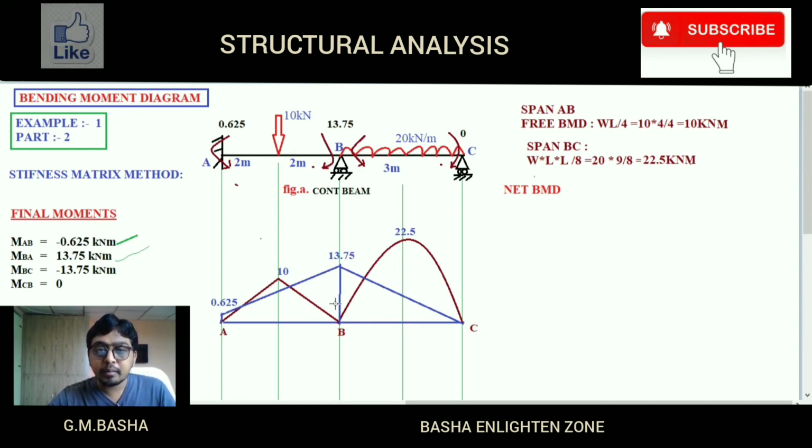This is a trapezoid. If I want the ordinate for this trapezoid up to here, what do I have to do? If I take an average, 13.75 plus 0.625 divided by 2, I will get an average ordinate exactly at the center position, which is here. So for the point load, you have to take an average.